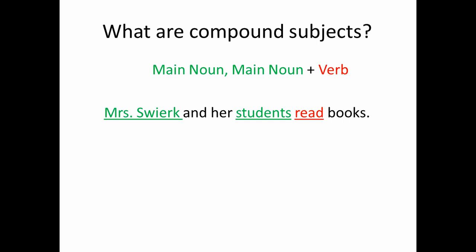Let's look at another one. Mrs. Swerk and her students read books. There are two main nouns in this sentence. This sentence is about Mrs. Swerk, and it's also about her students. They are sharing the same verb. They're both doing the same thing, which is read.